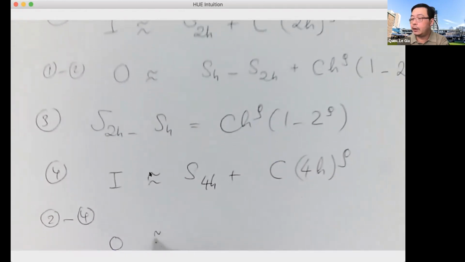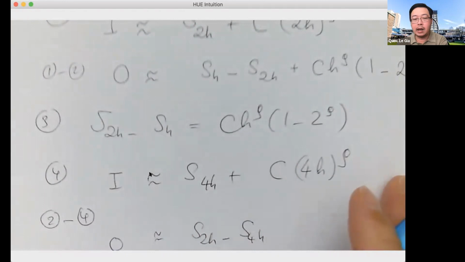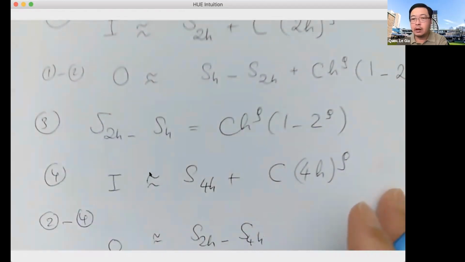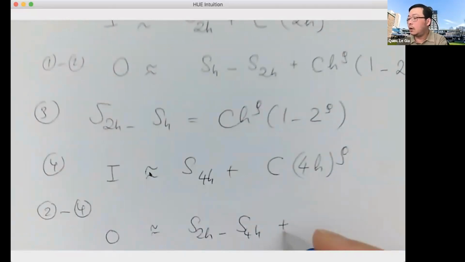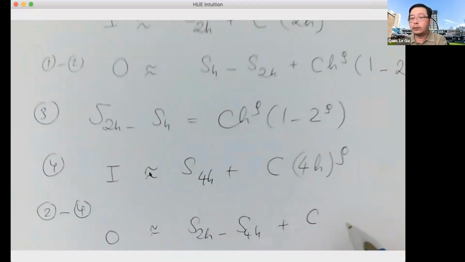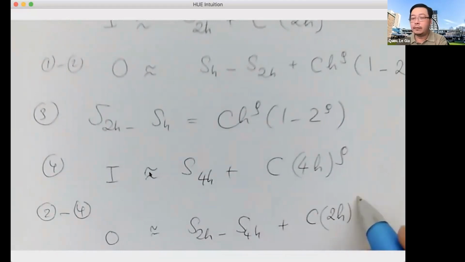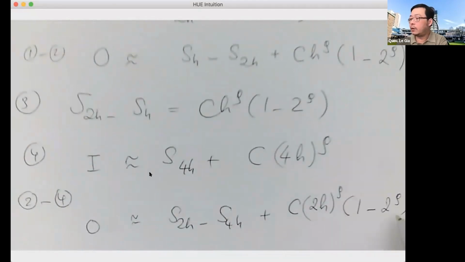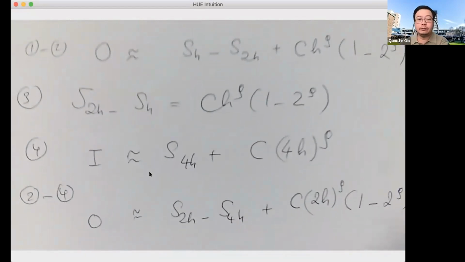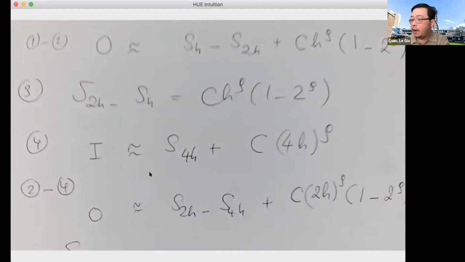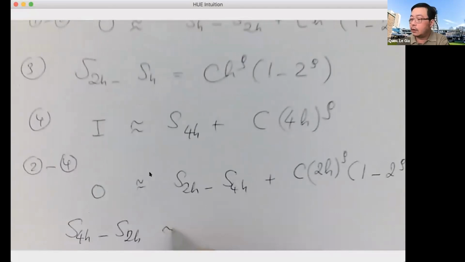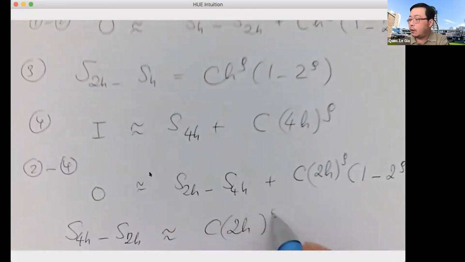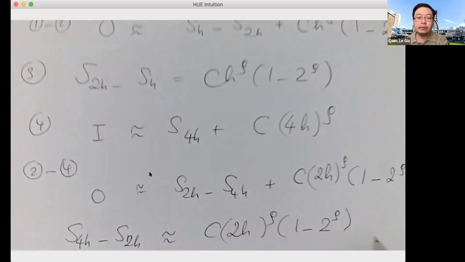Then you have S_2h minus S_4h plus the constant C (2h) to the rho as the common factor, times 1 minus 2 to the rho. Since 2 to the rho multiplied by 2 to the rho is 4 to the rho, this gives S_4h minus S_2h approximately C (2h) to the rho (1 minus 2 to the rho).